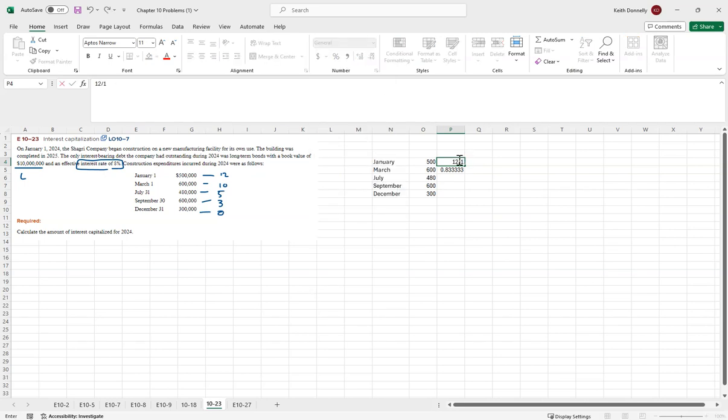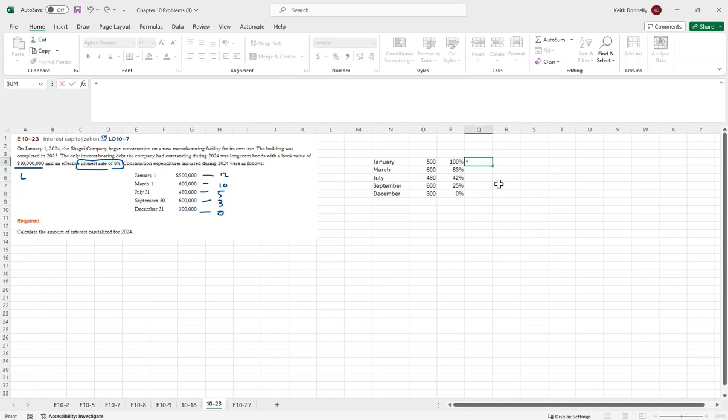All right, there we go. We're just snagging these numbers. Equals 5 divided by 12. Equals 3 divided by 12. Equals 0 divided by 12. That's kind of the idea there with those.